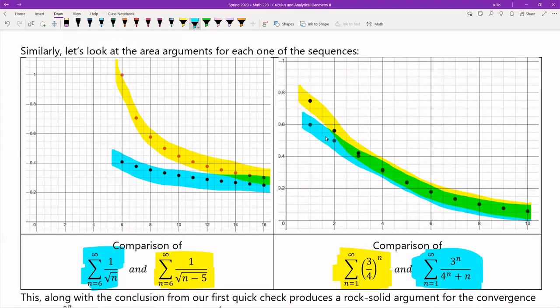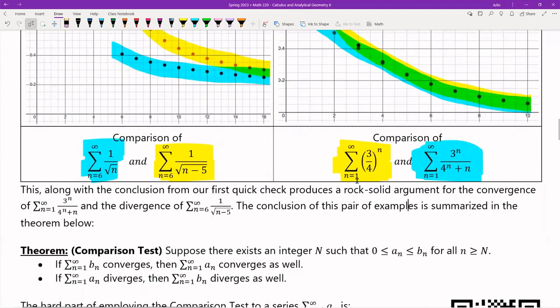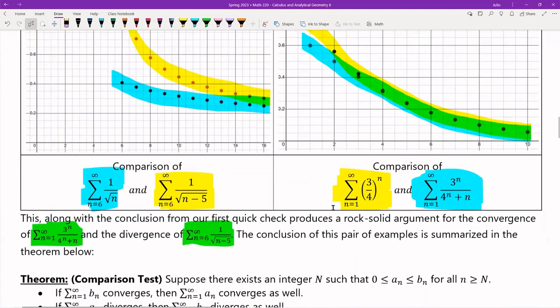If you compare term by term within my infinite series, and then compare the infinite series themselves, we have the relationship that you showed above. Together, this provides a pretty good argument for convergence and divergence of these two new series. So let me scroll back up to the picture again.